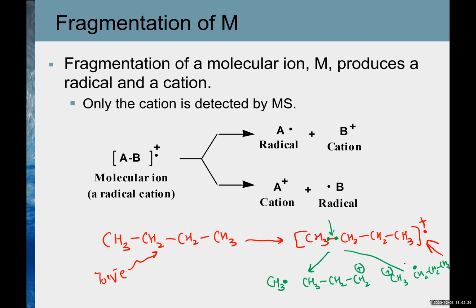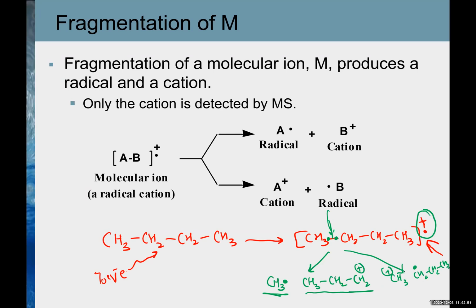This can happen. So in the parent, both radical and cation are on the same molecular ion. But whenever a cleavage takes place, one fragment gets the radical, the other fragment gets the cation. So two possibilities are there.